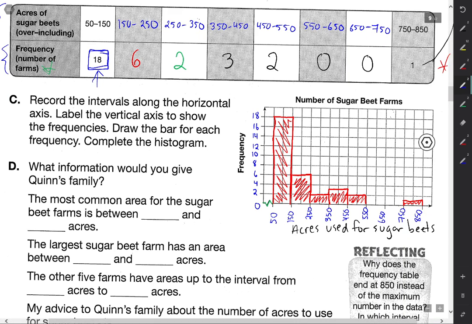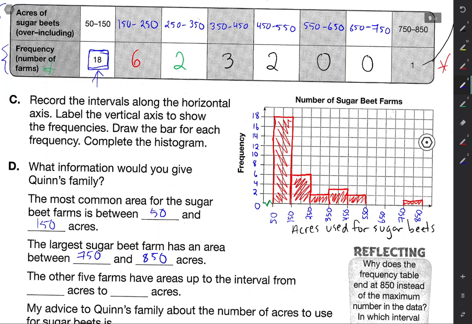Well, that would be the highest bar we have on the graph up here, which is between 50 and 150 acres. The largest sugar beet farm has an area between blank and blank acres. Well, we have one farm that is in between these 2 acres over here. So that would be between 750 and 850 acres. But only one farm in between those two. That would be a huge farm.